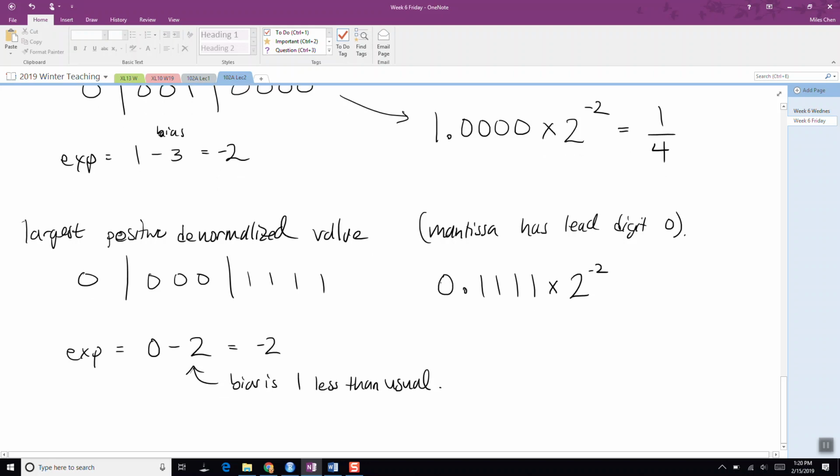Okay, and so what is this? This is 1/2 plus 1/4 plus 1/8 plus 1/16 times 2 to the -2, so times 1/4. And this becomes 15/16 times 1/4, 15/64.